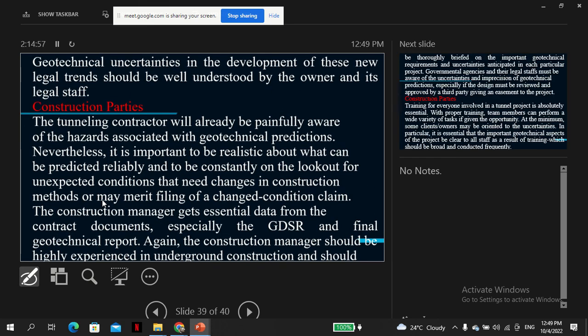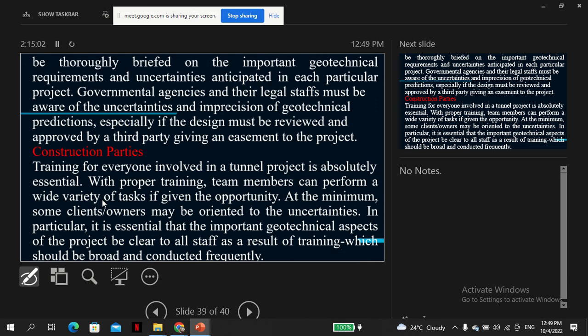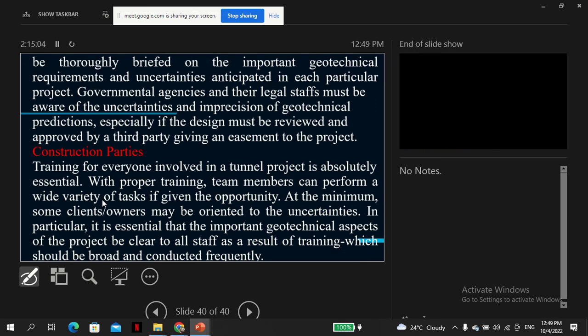The construction manager should be highly experienced in underground construction and should be thoroughly briefed on the important geotechnical requirements and uncertainties anticipated in each particular project.